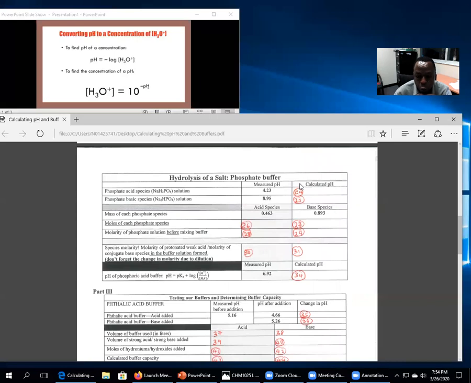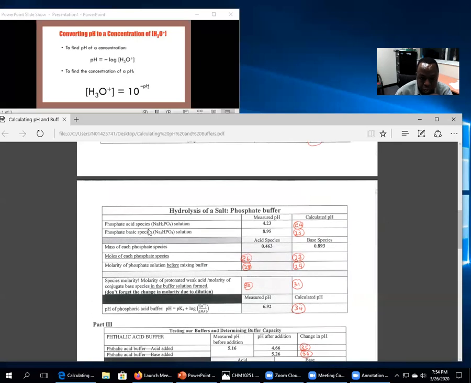Let me go back to 24 and 25. 24, 25 is a weak acid and a weak base. So if this is the acid right here, we know this is the acid, we have to find the hydronium concentration. All right. For the acid, let me just use this. I'm going to write it down here.